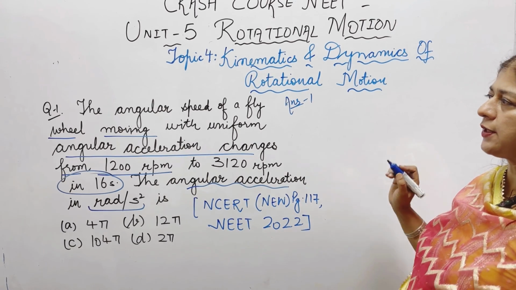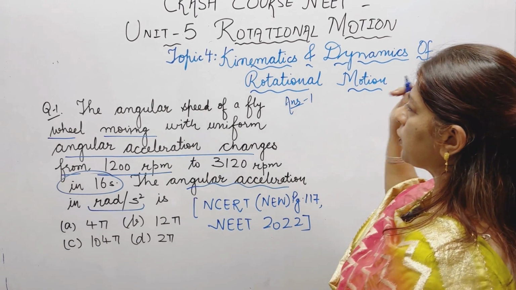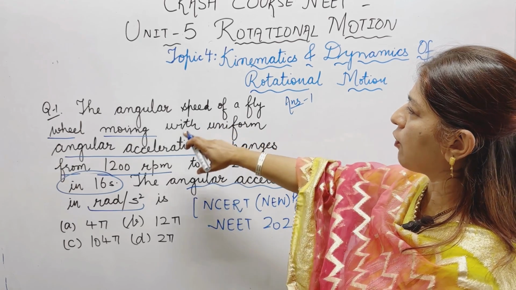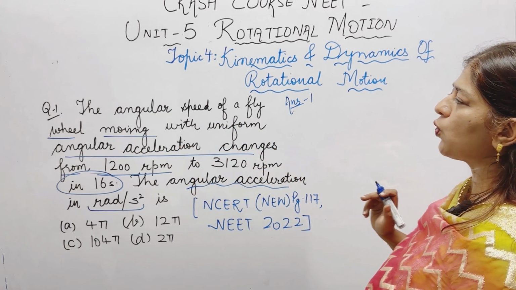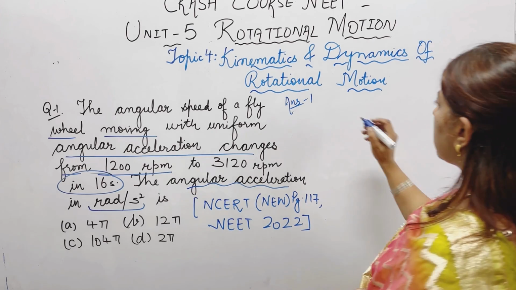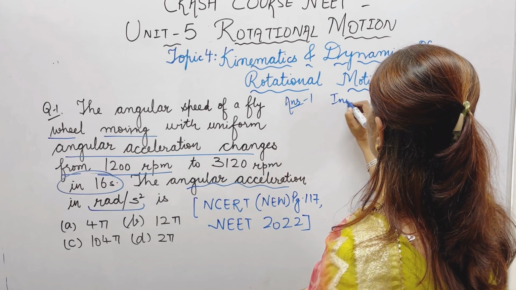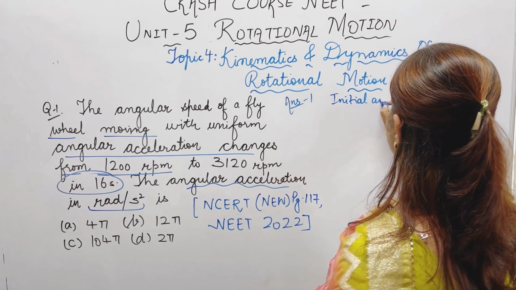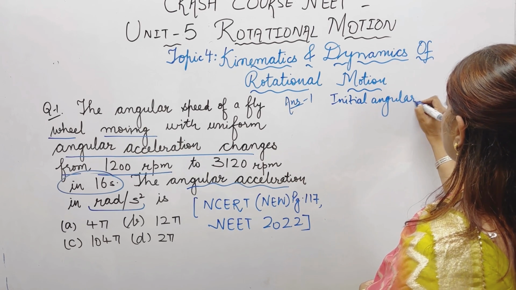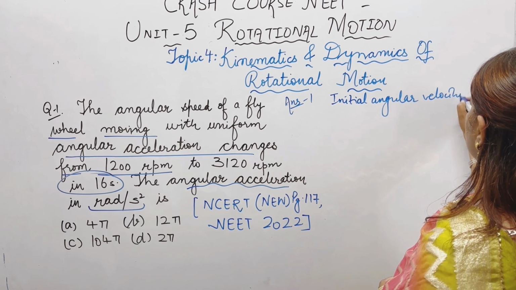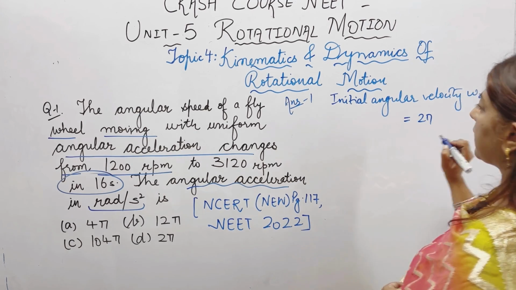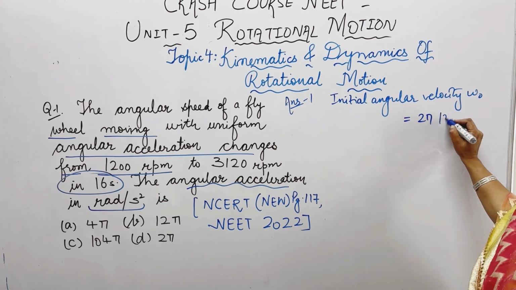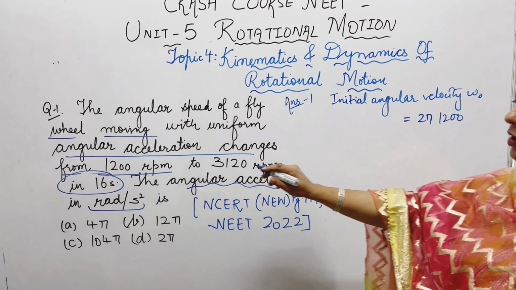To solve the question, let us see whatever things have been given to us. The angular speed of a flywheel moving with uniform acceleration changes from 1200 rpm. So here the initial angular velocity omega naught will be given by 2 pi into 1200, these are the rpm.